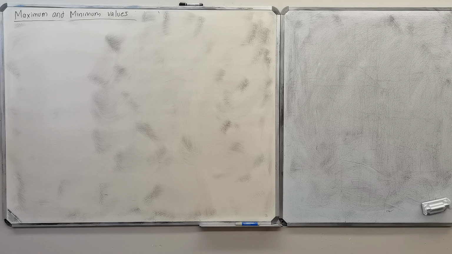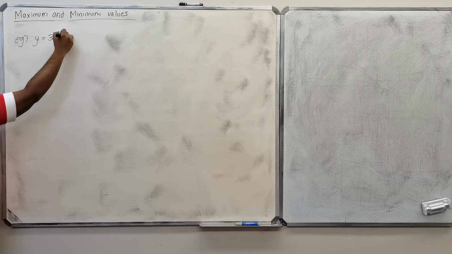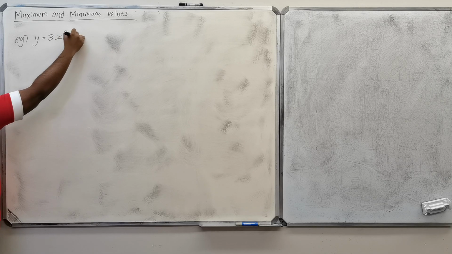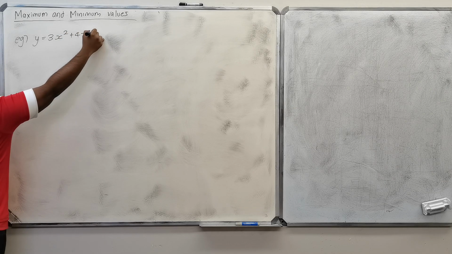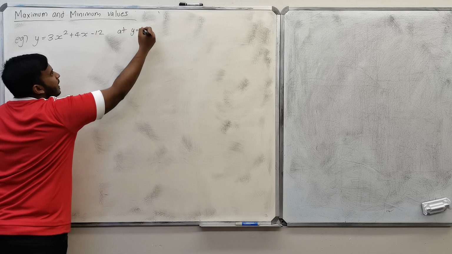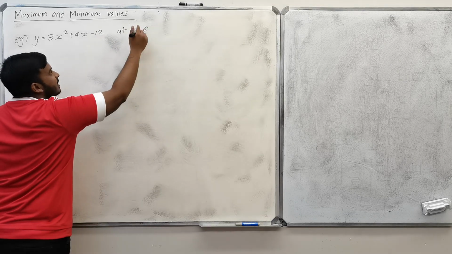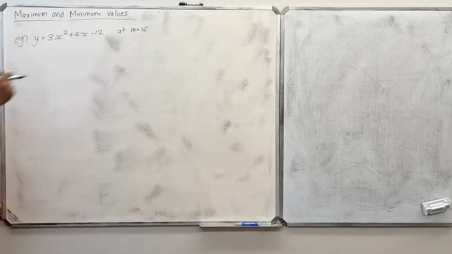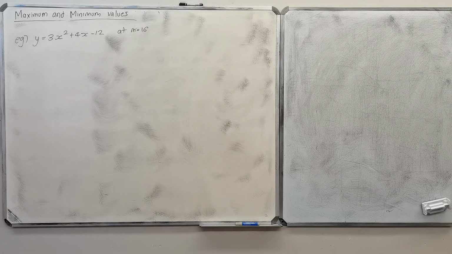So the equation that they gave you is y is equal to 3x squared plus 4x minus 12, and the gradient is 16. So they want to know at what value of x and y the gradient of that graph would be equal to 16.